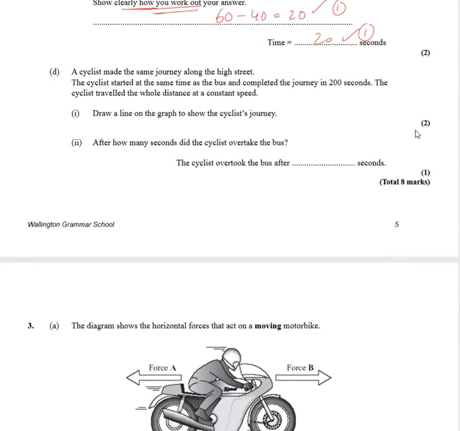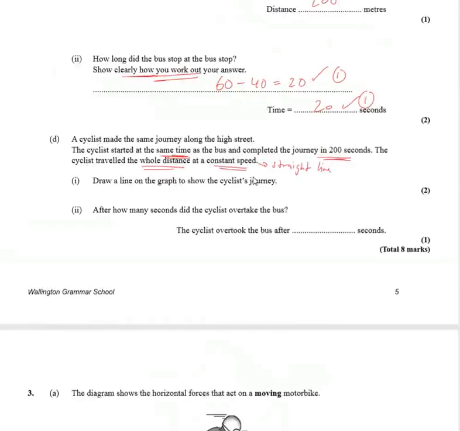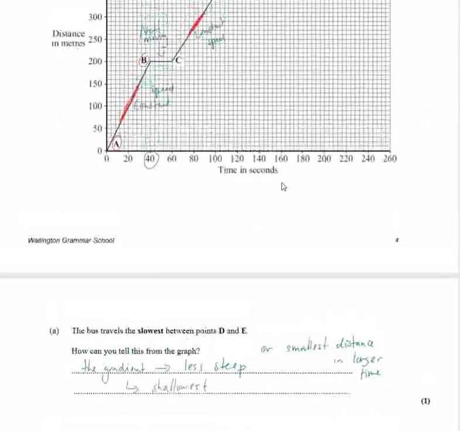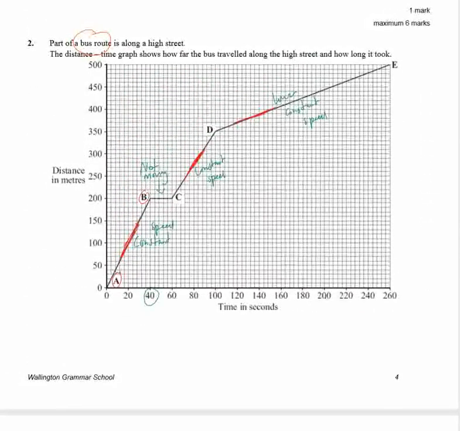Now we need to draw a line again. The cyclist started at the same time, and completed it, we know the time it completed it, for the whole distance at constant speed, so it's going to be a straight line. And draw this on the graph. Now let's take a look at what we have. I will use a different color pen.